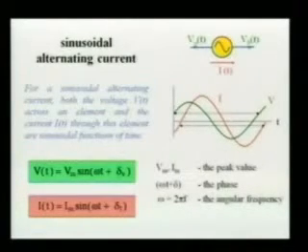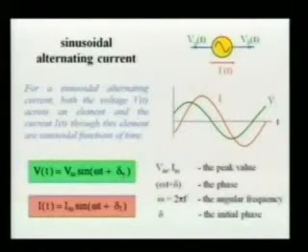Now the last number which we have is delta, and delta is referred to as the initial phase of that electrical quantity. Again, like with initial velocity or initial position, initial refers to the instant to which we assign time equal 0.